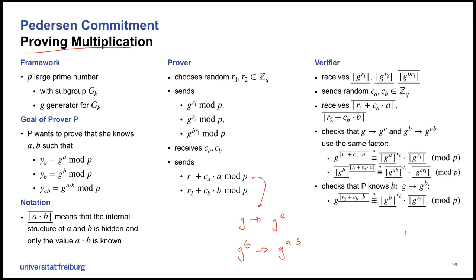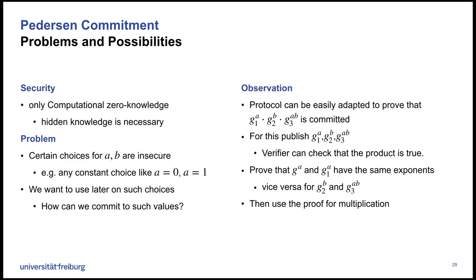For this we use this, so this is multiplied with a, but it's not necessary to prove that g to the a is multiplied by b. We just need to prove that we know g to the b. So that means we have one check less for the verifier, and I think one commitment less. So we can shorten this proof a little bit.